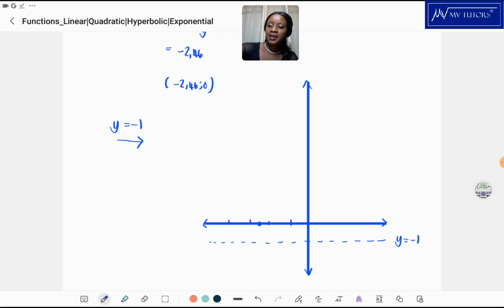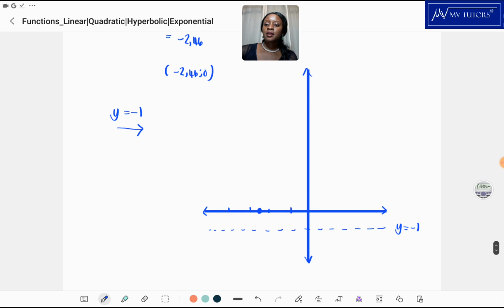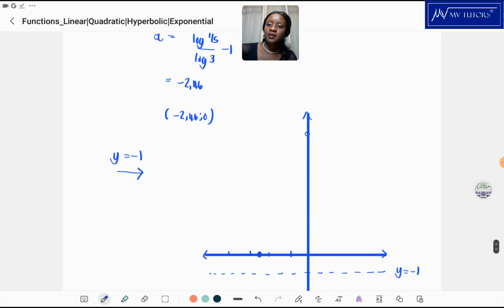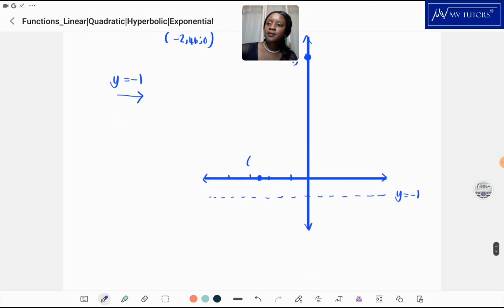So this is my x-intercept over here. And my y-intercept was what? 14. So something like that. So I have 0 and 14. I have negative 2,46 and 0.